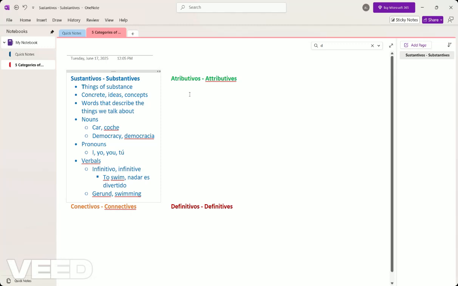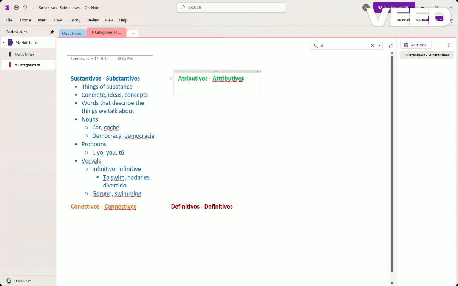All right. Now, atributivos are the second category of words, and these essentially describe the words that represent the things we talk about. And these are typically adjectives, obviously, adverbs, and verbs.